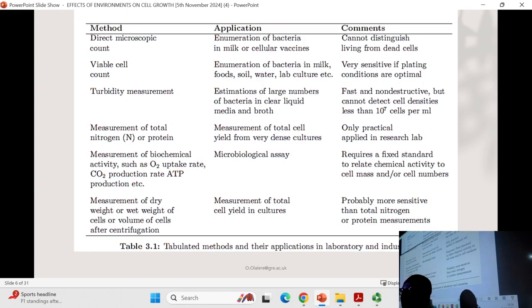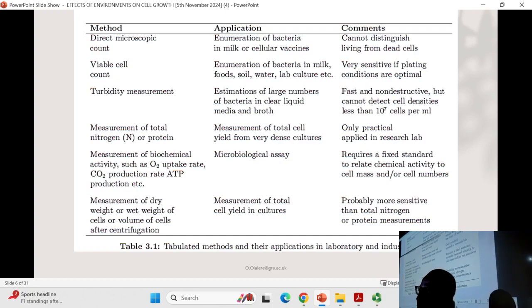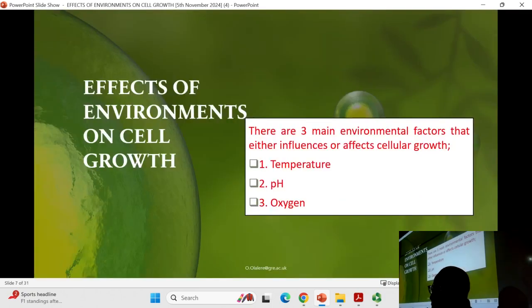That's another method, but we can use total nitrogen also. And this is only practical in the lab, just for small scale. Then measurement of biochemical activities such as oxygen intake and CO2 production. All these methods we can actually use in the laboratory and industry to measure the cell growth.